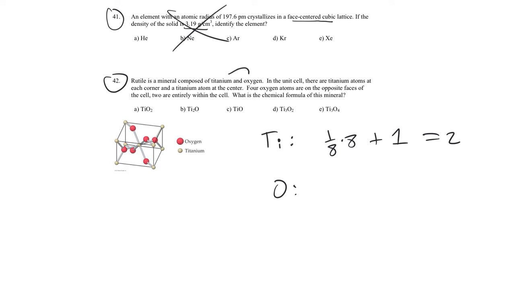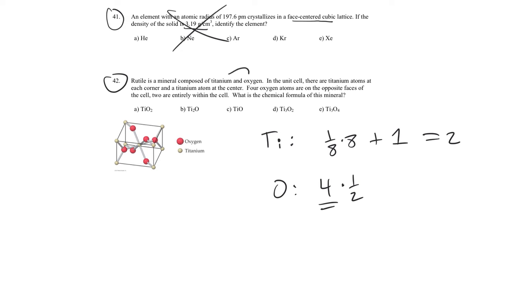Then our oxygen is going to be, let's see what it says, 4 oxygen atoms are on the opposite faces of the cell. So we got 4 O's on faces times a half. Now notice that this isn't 6, just because of what we're told in the problem. 4 oxygens are on the opposite faces of the cell.